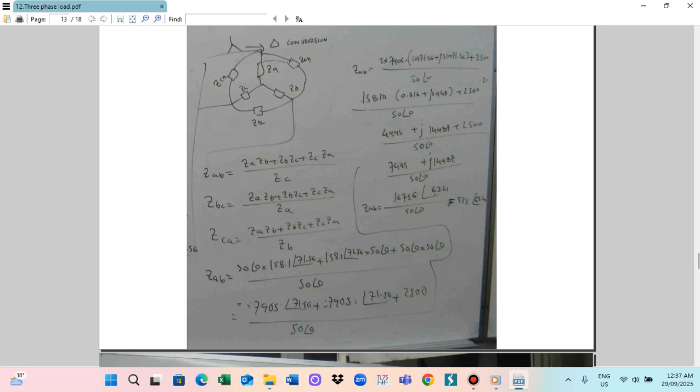So solving this one you get the ZAB. Similarly you can also calculate the BC and the CA.